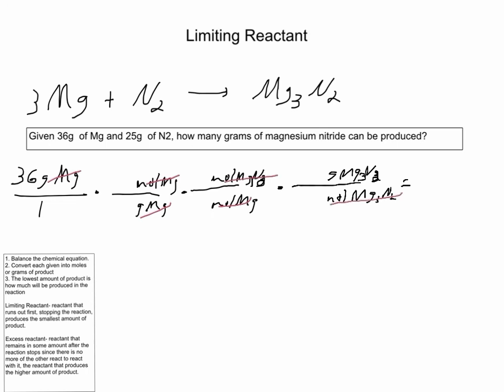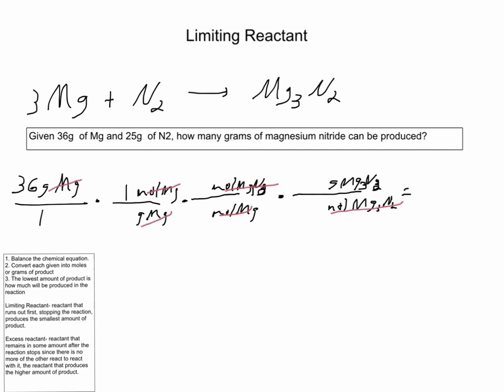So the molar mass of magnesium, we have 1 mole is 24.3 grams. And the molar ratio is 1 mole of magnesium nitride to 3 moles of magnesium. And then we have the molar mass of magnesium nitride.